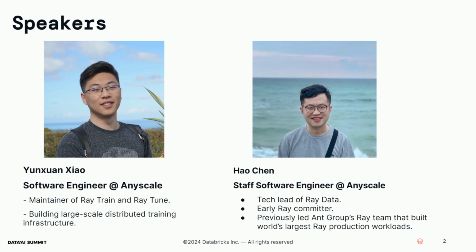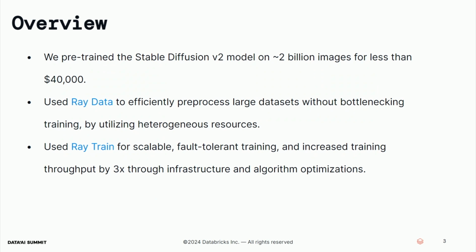Thank you, Hao. Cool. So before we dive into the technical detail, I'd love to give everyone a short overview of our project. Here, we propose a pipeline that pre-trained the Stable Diffusion V2 model on over 2 billion images for less than $40,000. To achieve this cost efficiency, we've adopted Ray data and RayTrain for both data preprocessing and distributed training.